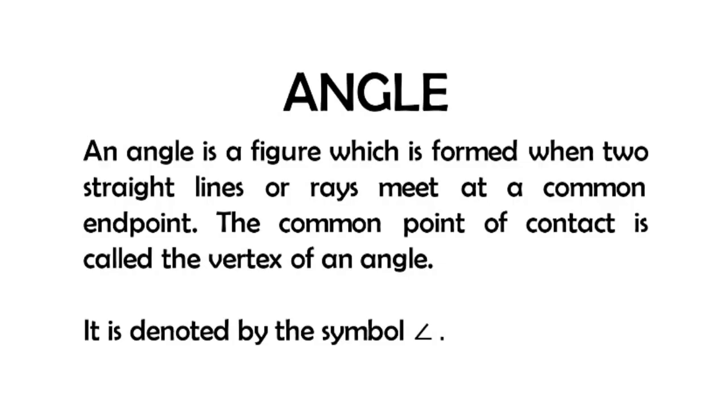And now let us proceed to our second topic, which is to classify the different kinds of angles. First we have to define the word angle. An angle is a figure which is formed when two straight lines or rays meet at a common endpoint. The common endpoint of contact is called the vertex of an angle.